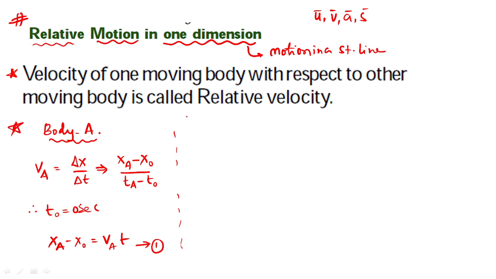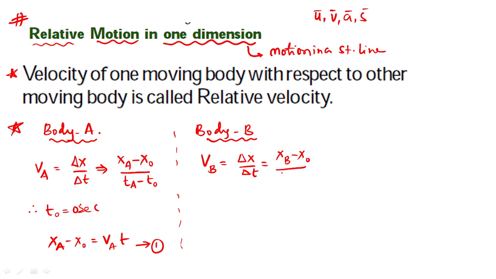Second one, body 2, which is body B. What is the velocity of this body? VB is equal to change in position, delta x, divided by delta t. The position of this body at B, initially it also started from the 0 position. Can I say like that?